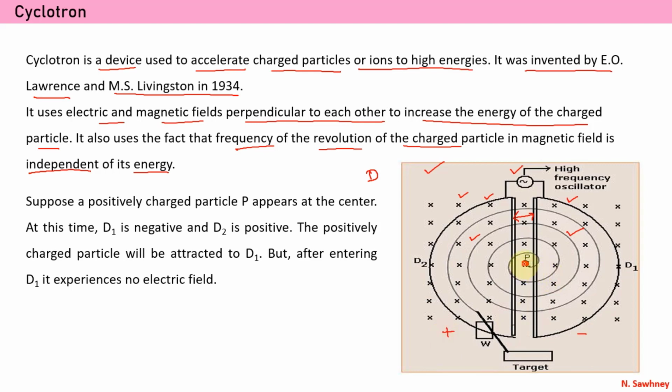So this positively charged particle will get attracted towards D1. The particle is striking D1 perpendicularly, and by Fleming's left hand rule we are aware that a force acts on this particle, and we know that the particle will move in a circular path due to the presence of the magnetic field.